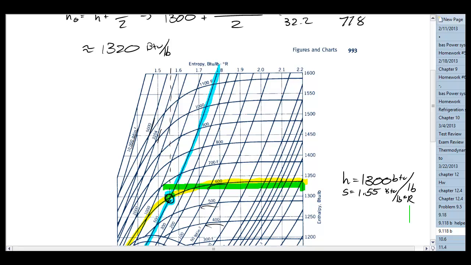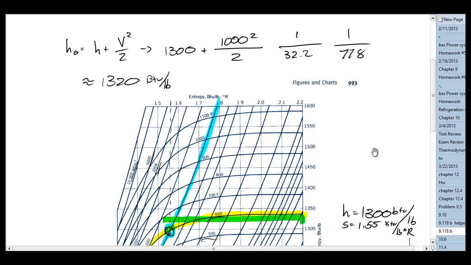And additionally, the entropy does not change. That's the y coordinate of this. So it's still at 1.55. So we'll go up here and we'll come down. Anyway, 1.55.